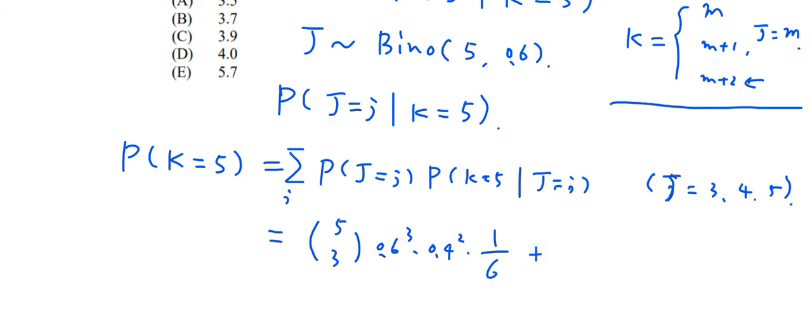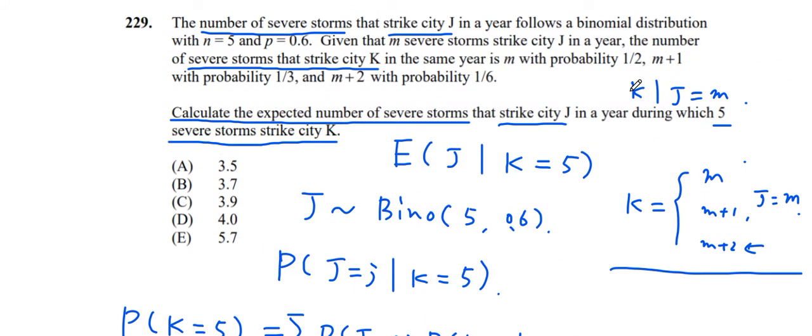Okay, so when J equals 4 and K equals 5, the probability is just the m to m plus 1 case, which is 1/3.